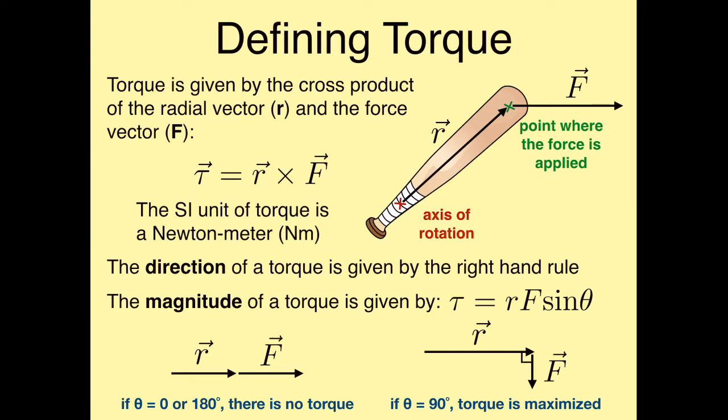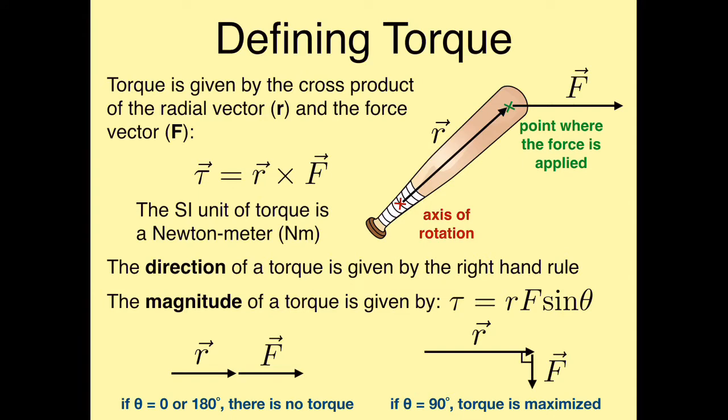So let's think about units for a second here. r is going to be measured in meters, right? It's just some kind of distance between these two points. And F is a force measured in newtons. So therefore, the SI unit of torque is a newton meter, a newton times a meter. That's the unit. Now, when it comes to a torque, this is a vector quantity because, of course, when you take the cross product of two vectors, you get another vector out.